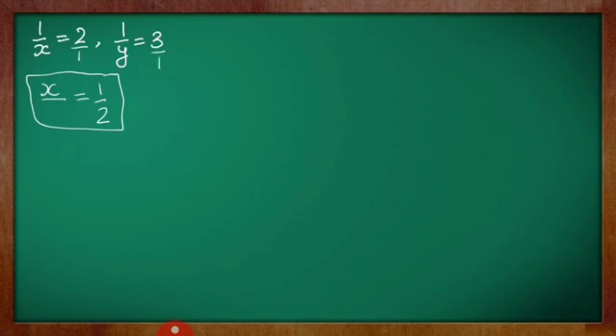And taking the reciprocal of both sides, 1 upon y is equal to 3 upon 1. The reciprocal of 1 upon y is y, and the reciprocal of 3 upon 1 is 1 upon 3. That is the answer.